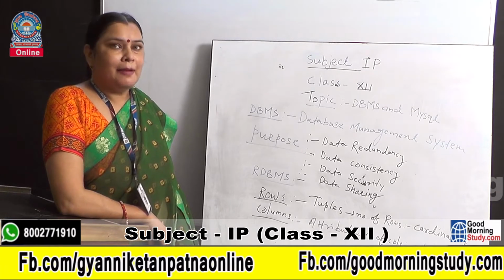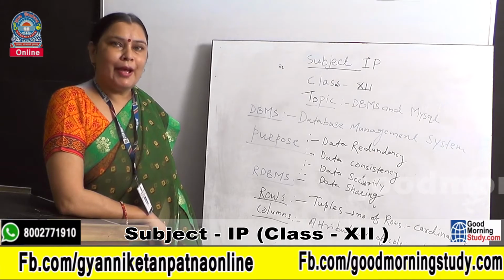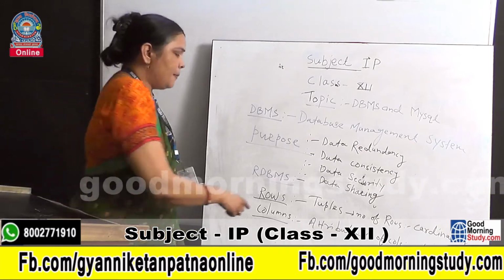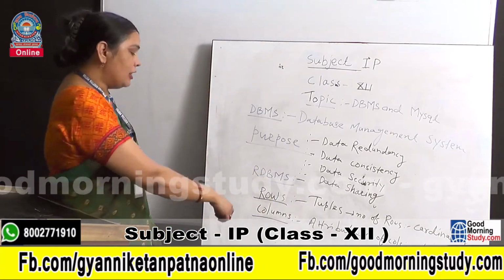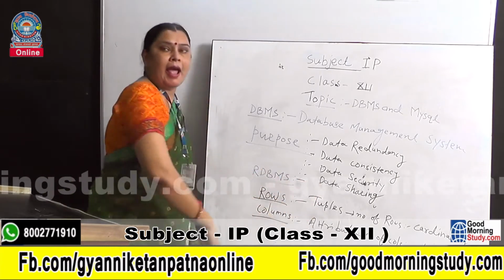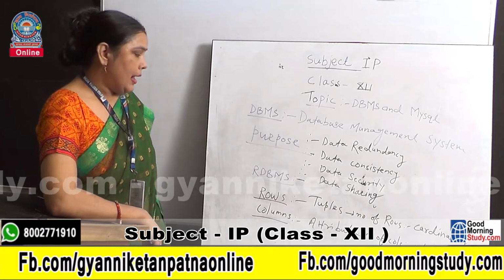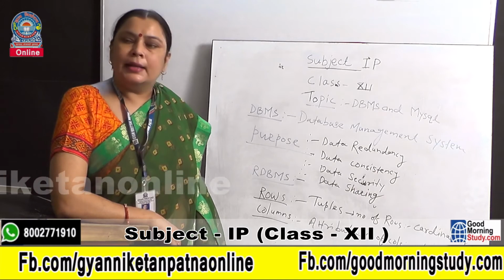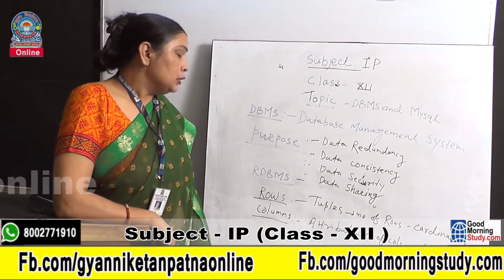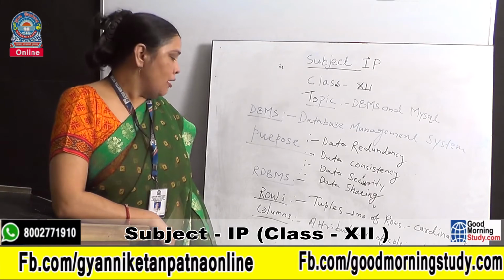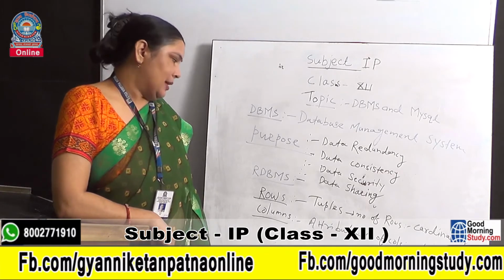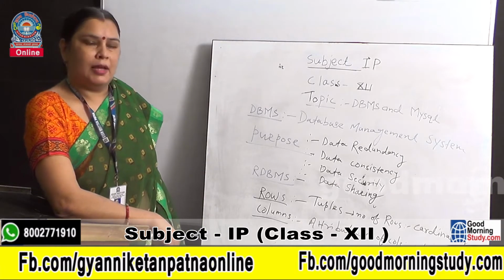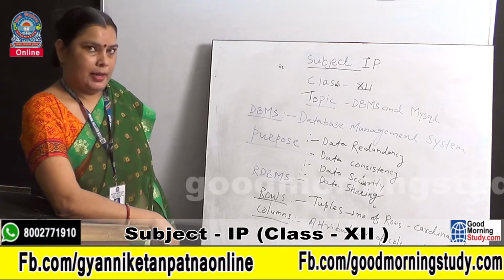A table is a combination of rows and columns. A row of a table is known as a tuple, and a column of a table is known as an attribute. The total number of rows in a table is known as the cardinality of a table, and the total number of columns is known as the degree of a table. RDBMS examples are MySQL, MS Access, Oracle.